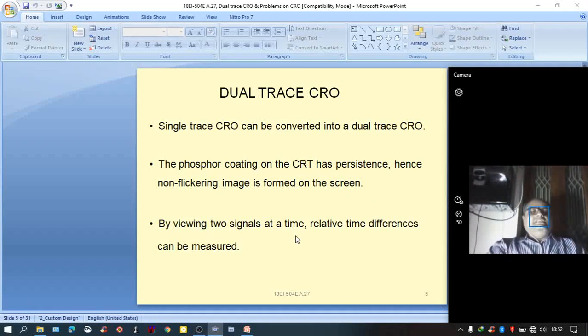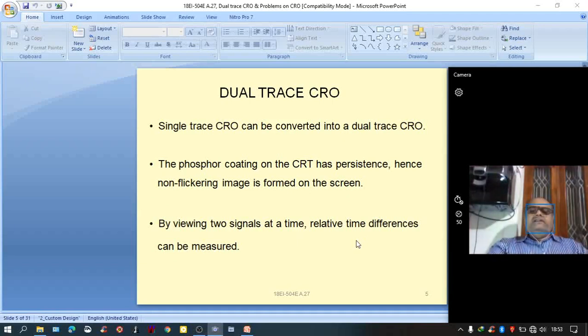That means for the first signal and second signal, whether both are starting at the same time or is there any phase difference between them, whether both the signals have the same time period or is there any difference in time period, whether both the signals have the same amplitude or is there any variation in amplitude. This analysis can be carried out when two signals can be viewed simultaneously on the CRO screen.